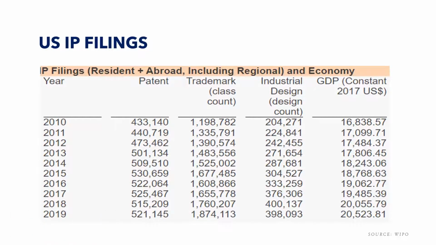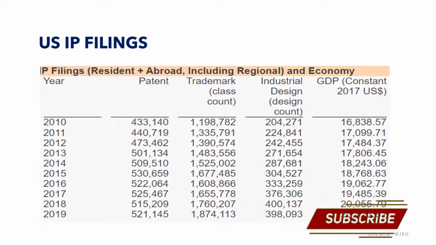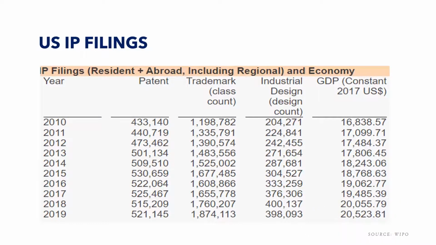They may be fluctuating, but their average has more or less been the same. You can see how strong they are. But the trademark registrations have grown comparatively to the patents and the industrial designs. It has grown significantly, but you can see from 2010, they've been on it.